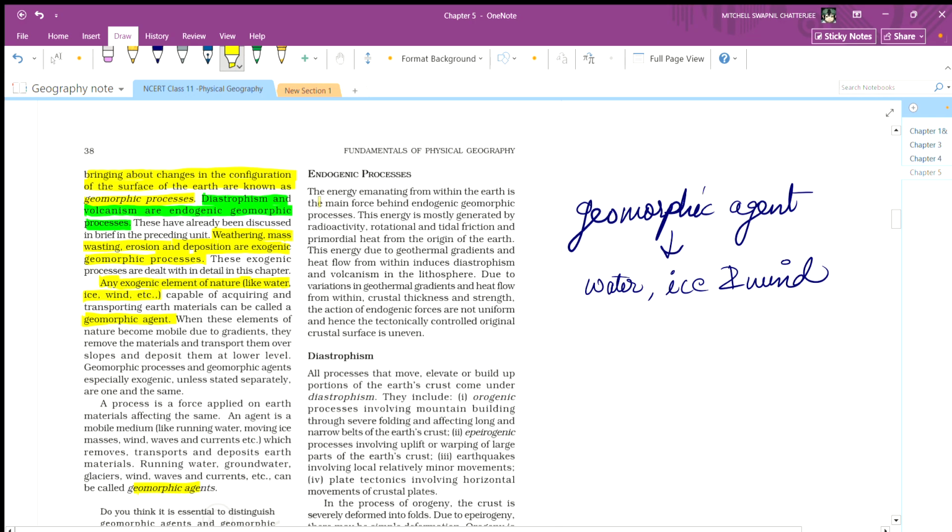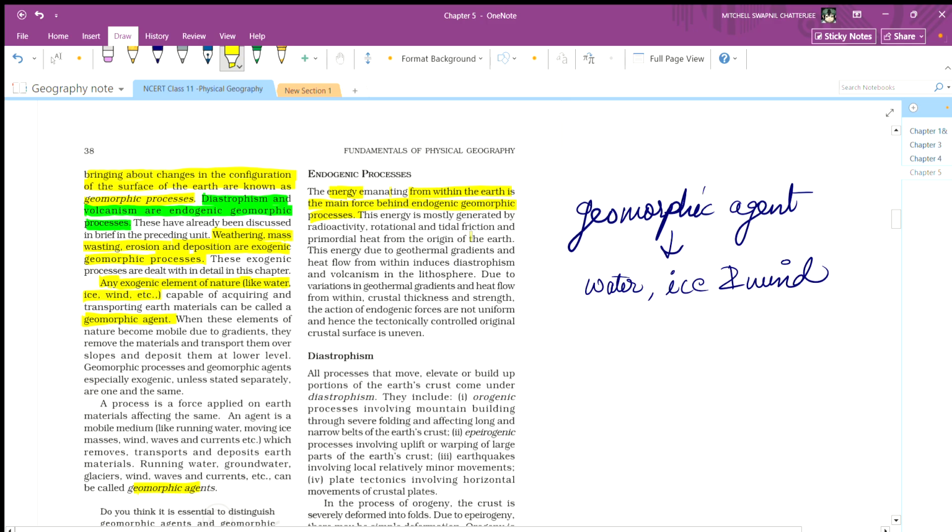Let's go to endogenic processes. The energy emanating from within the earth is the main force behind the endogenic geomorphic process.